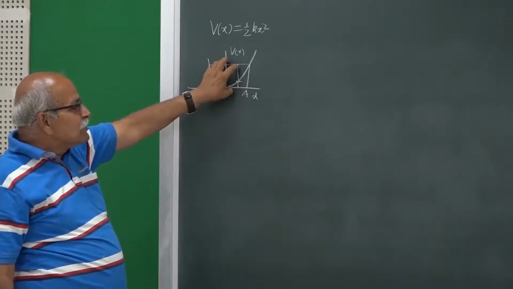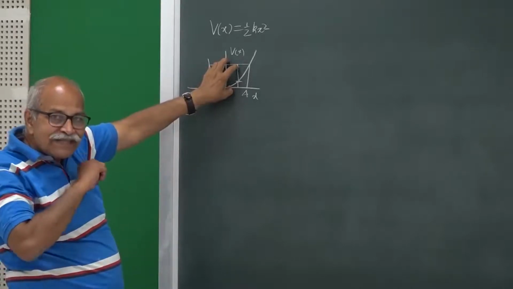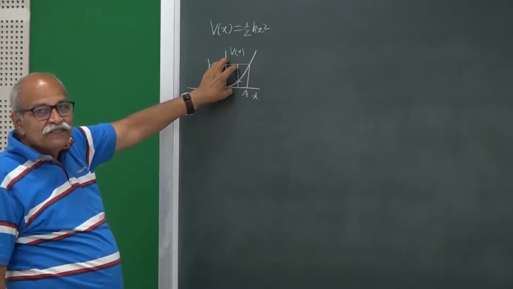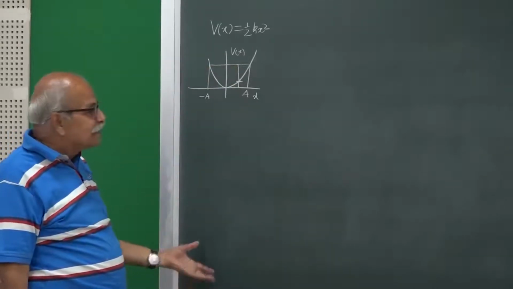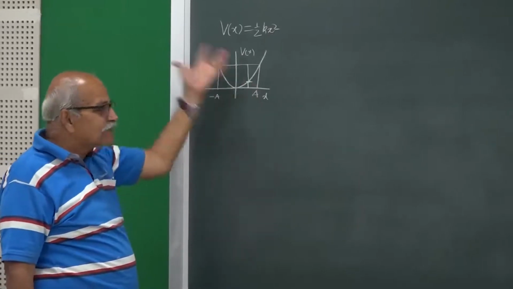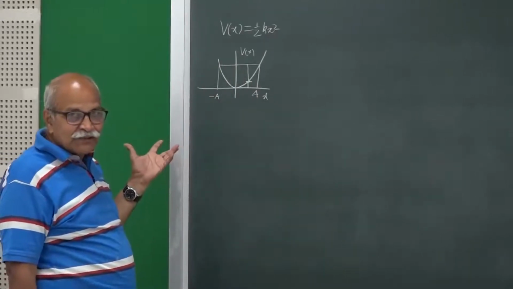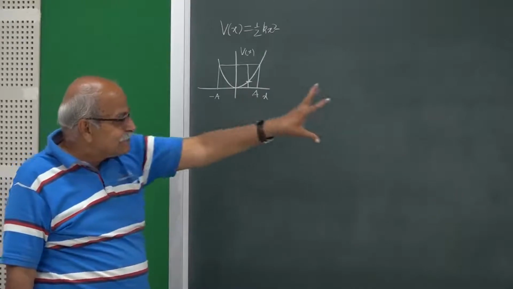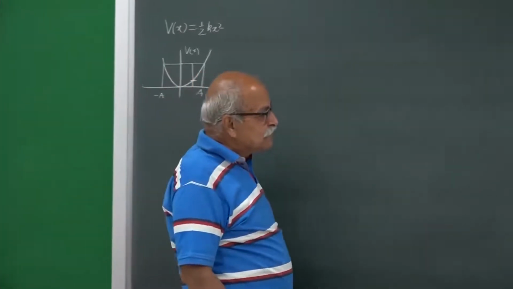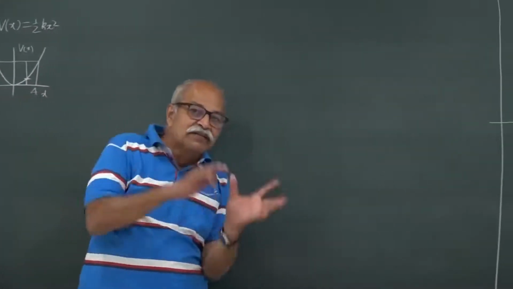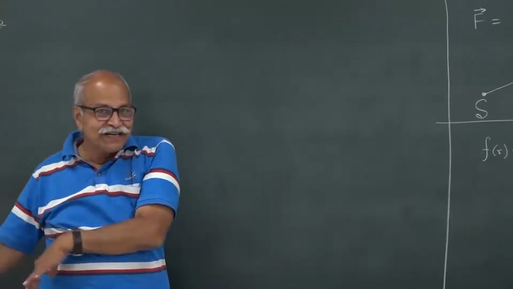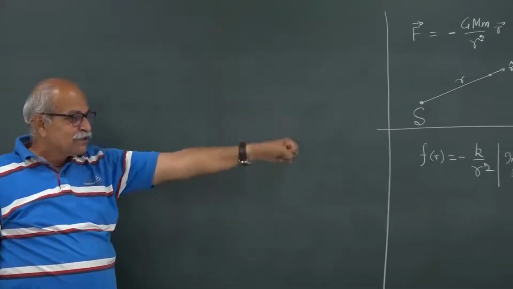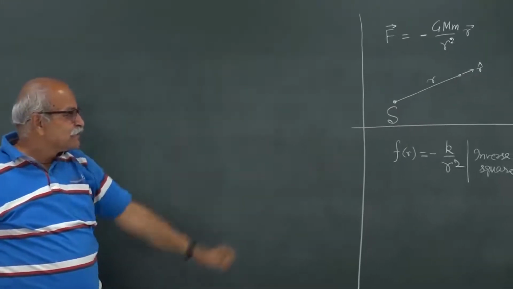But if the motion is not confined to one straight line, but can go in a plane in different directions, then how do I plot this? It so happens that in this kind of central force motion, we can have a similar energy diagram, but not exactly of this kind, where I just plot the potential energy as a function of position.